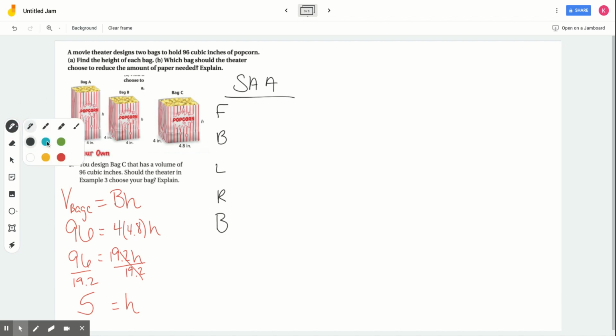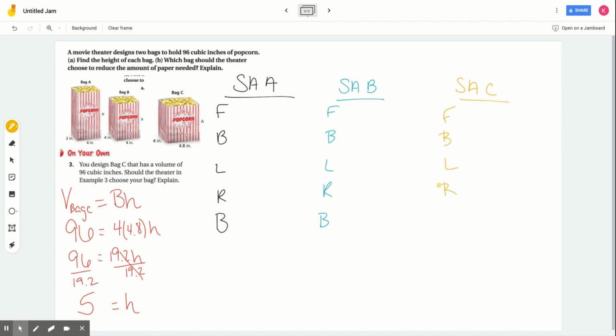So for bag B, we have the same sides. We have the front, the back, the left, the right, and the bottom. And the same thing for bag C. So you need to go ahead and find the surface area of all three bags, now that we know all of the dimensions, to see which one is going to use the least amount of paper. So I'm going to give you a few minutes to go ahead and do that.